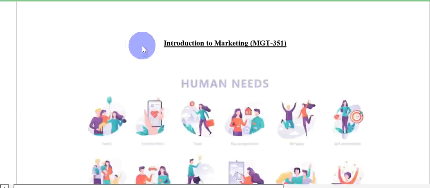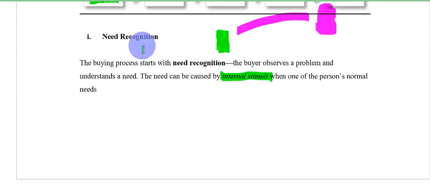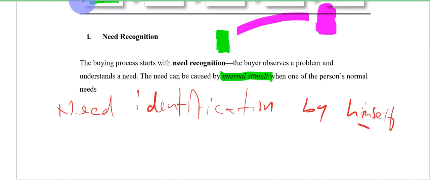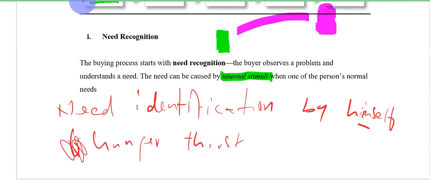What is internal stimuli? Internal stimuli means when an individual identifies his need by himself, for example hunger, thirst, and some other needs which are identified by the individual by himself.